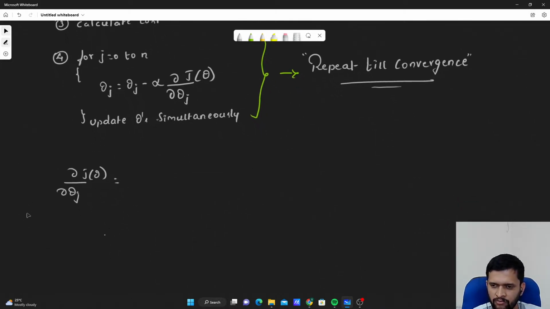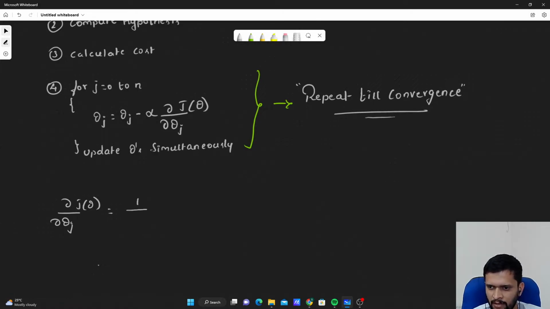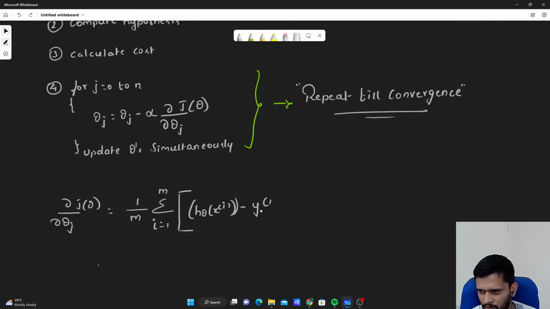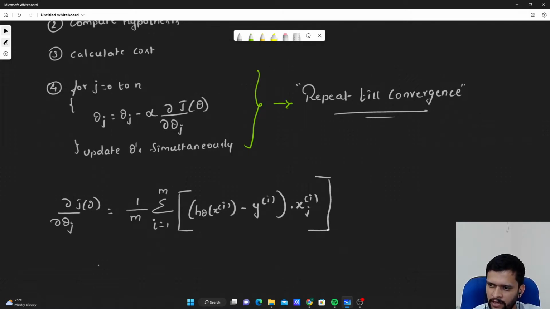The partial derivative of the cost function is given by 1 by m summation i equal to 1 to m, h theta of xi minus yi, into xi of the jth feature.